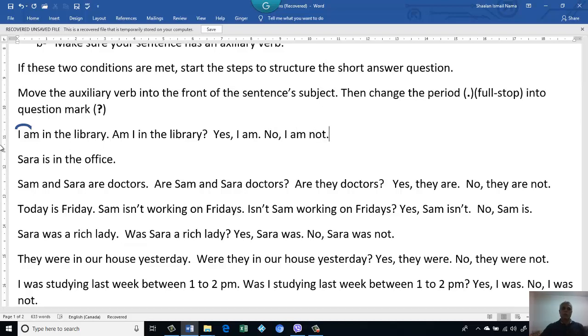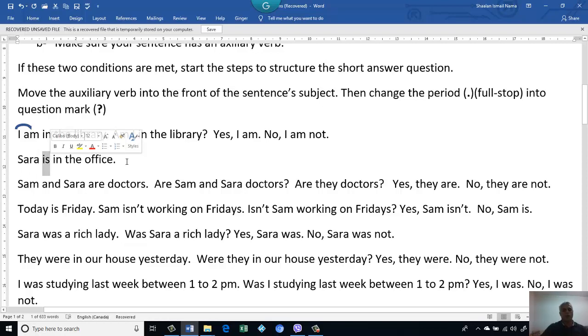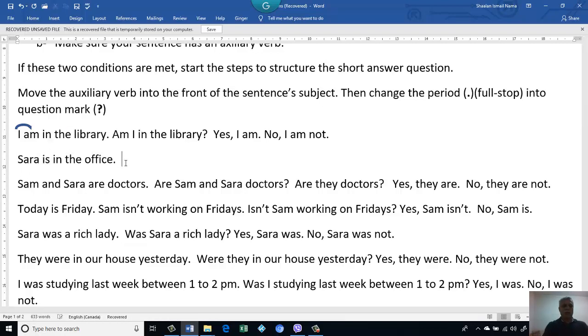Okay, let's go to the second sentence. Sarah is in the office. The steps: do I have a subject? Yes, Sarah is the subject. Do I have an auxiliary verb? Yes, I have an auxiliary verb. Then you make it like this: is Sarah in the office?